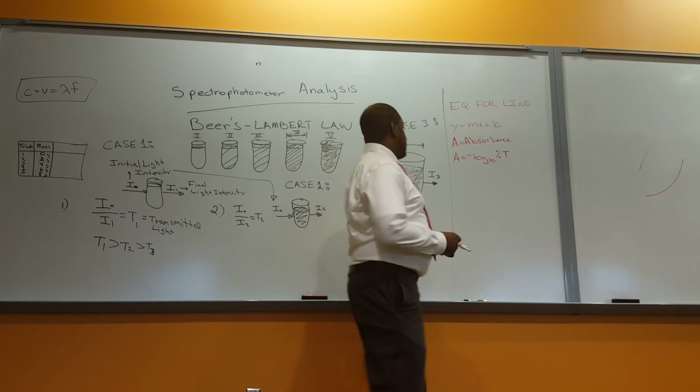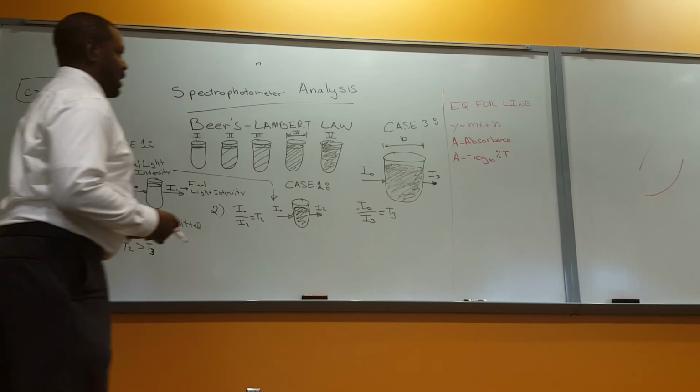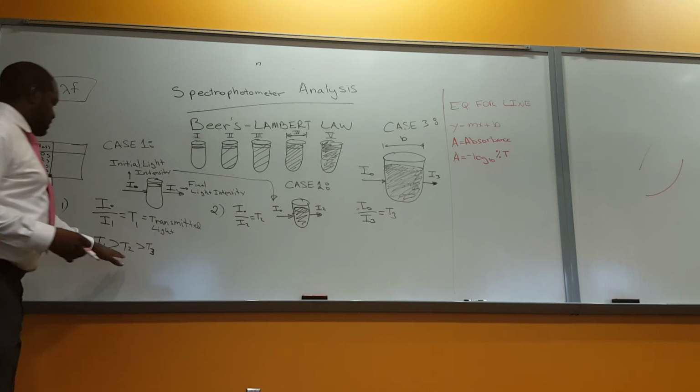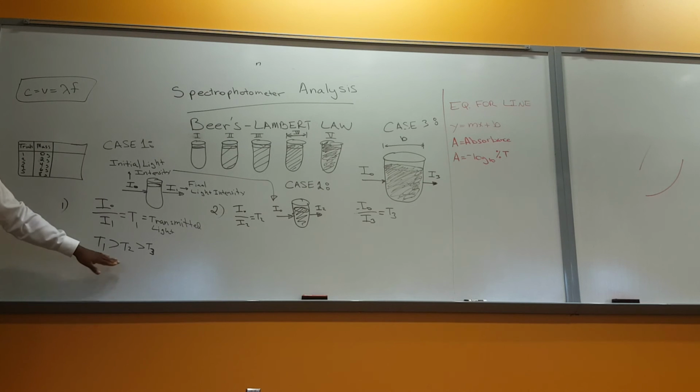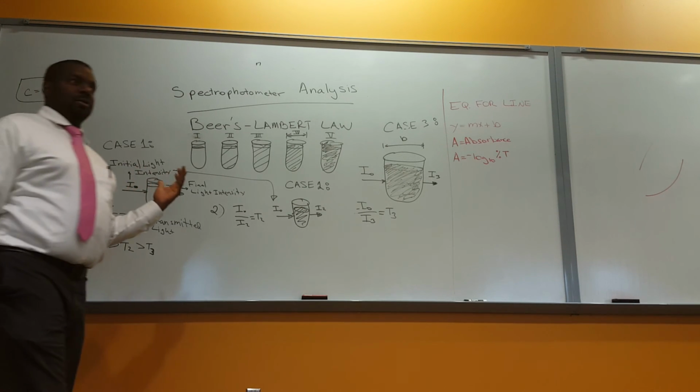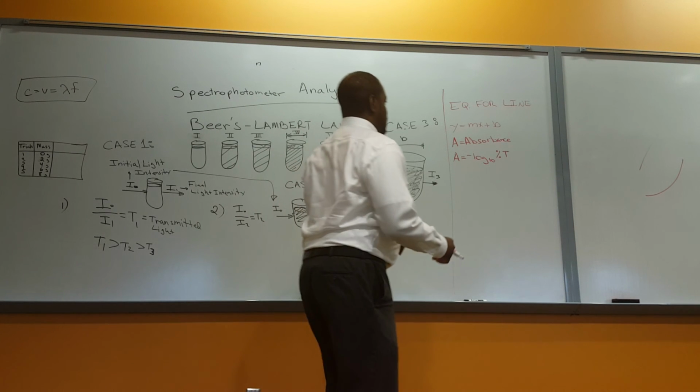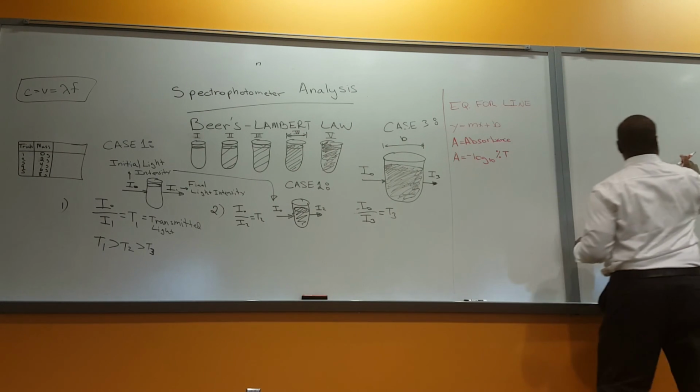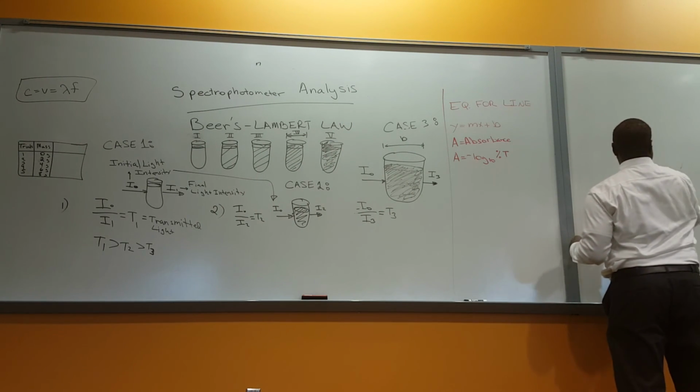Okay. So you've got several variables here, right? You got transmittance, that tells you the percentage of light transmitted. You take the negative log base 10 of that. That's going to give you absorbance, okay? And in general, let me show you this first. So you take your data, okay?